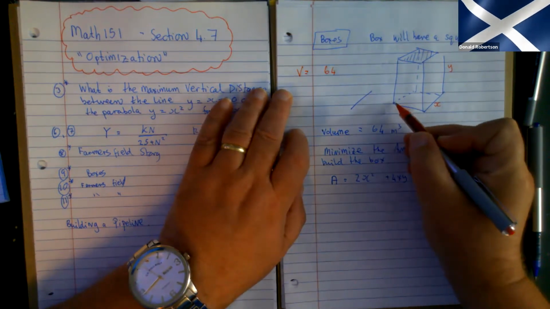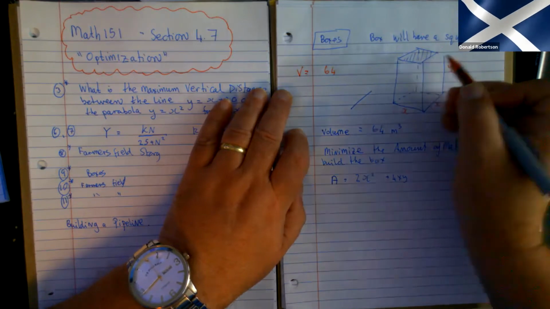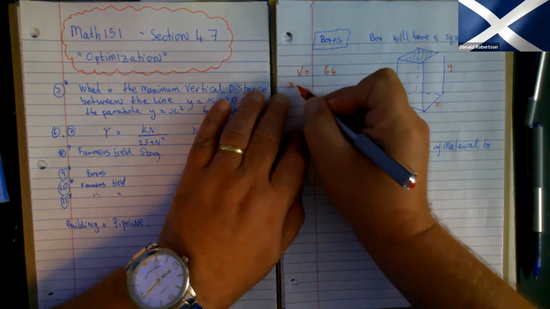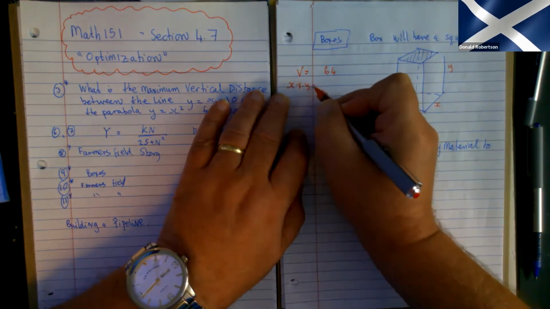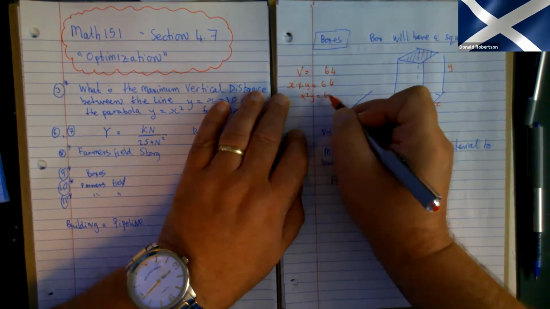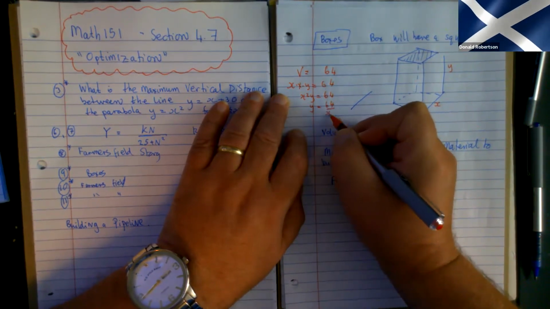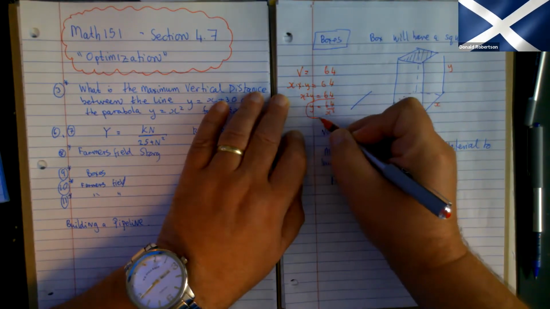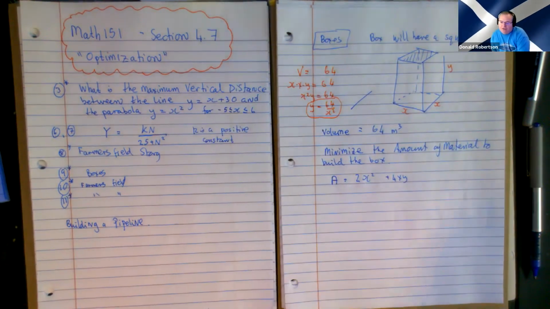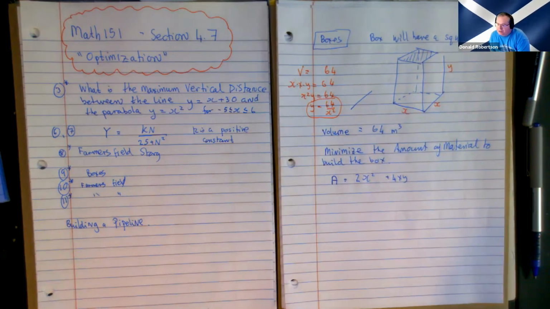And if I want to find the volume of this box, it's length times width times height, which is x times x times y, which is x squared y, and divide both sides by x squared. There you go. Do you see how I found y in terms of x? By using the one piece of information they gave me that had the number in it.